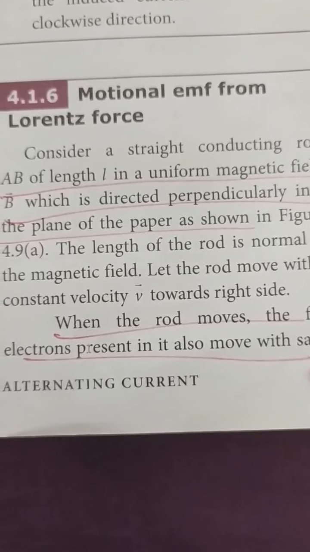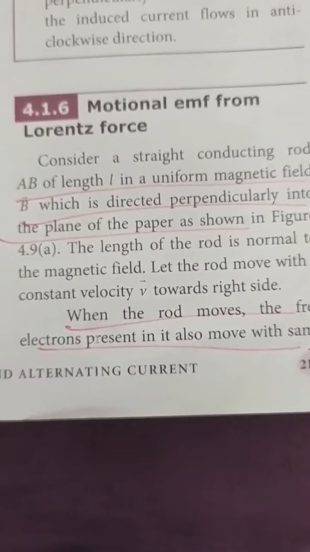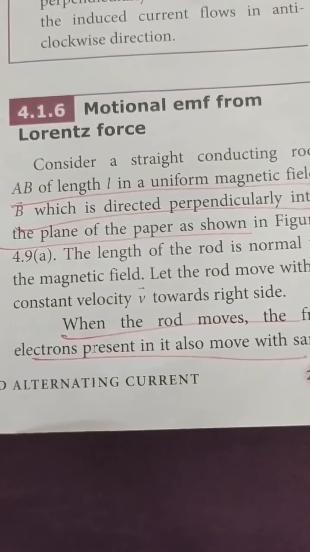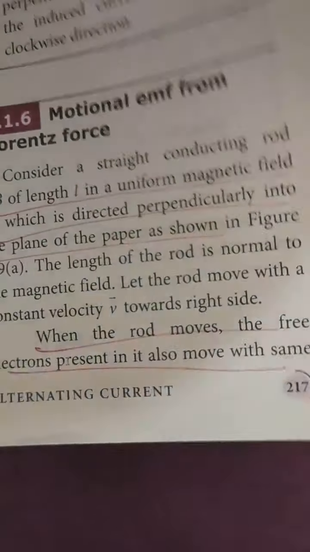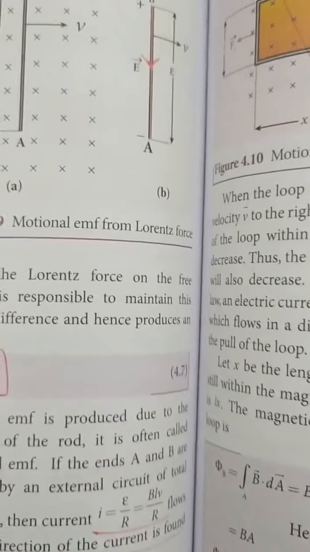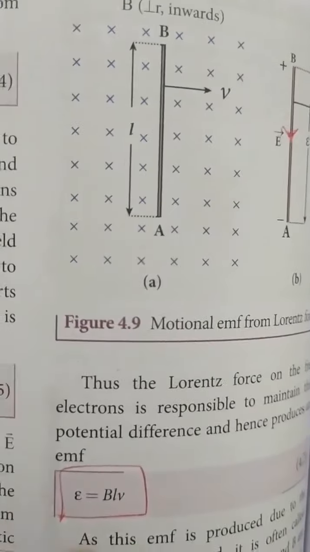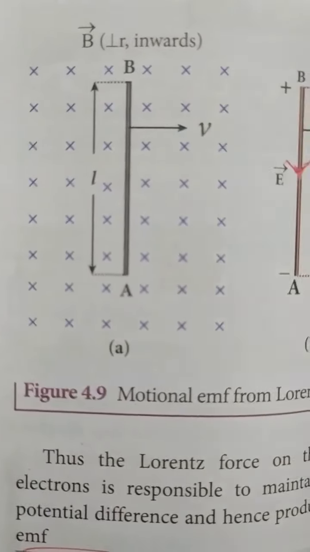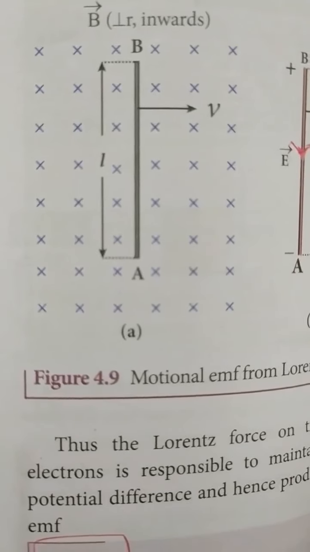Next we are going to see motional EMF from Lorentz force. Lorentz force is F equals minus e into Vd vector cross B vector. That is, when charged particles move in a magnetic field, they experience Lorentz force. Consider this diagram: the magnetic induction is shown by crosses, that is, it is directed inwards.